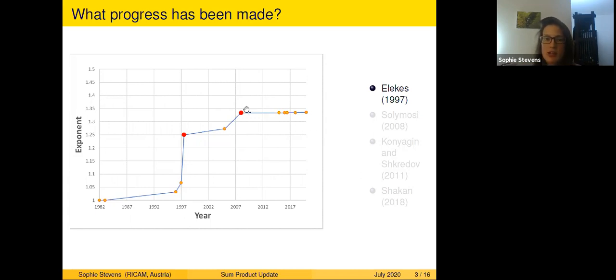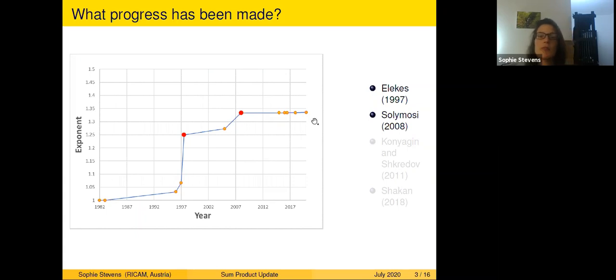All right, so this next major leap is a result of Solymosi in 2008, and it achieves a threshold value of 4/3. And this 4/3 is where progress really is. At a very high level, and purposefully vague, I'd like to describe Solymosi's result as saying that if you've got multiplicative structure on your set of numbers, then you can find a lower bound on the size of the sum set.